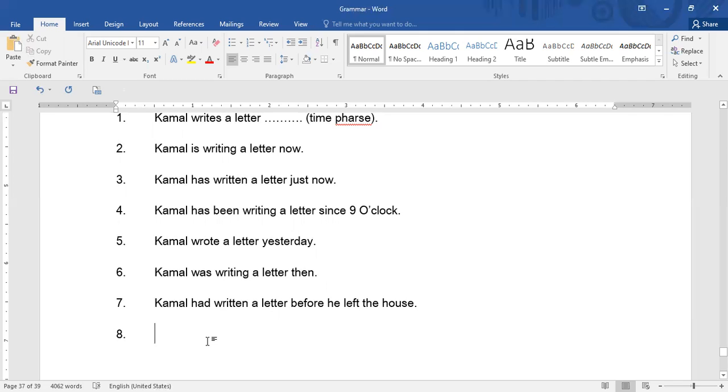Past perfect continuous. Others, this is the present perfect continuous. You just change the helping verb only. Past perfect continuous.